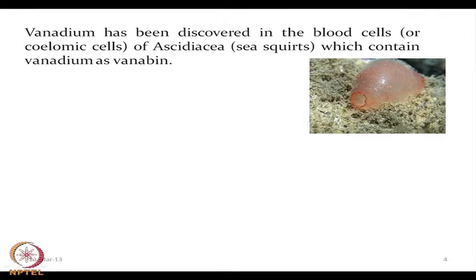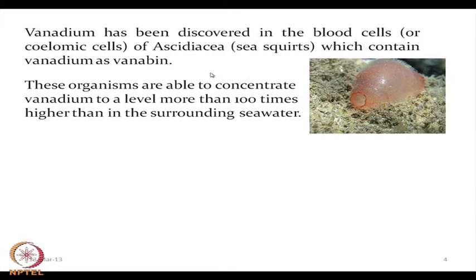This vanadin molecule is available again from the sea level. So, the sea squirts can bind and trap vanadium, and these organisms are able to concentrate vanadium at a level more than 100 times higher than the surrounding sea water.